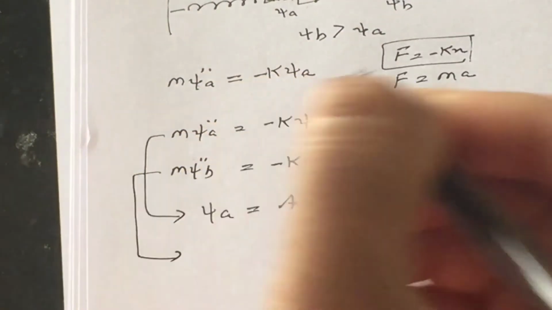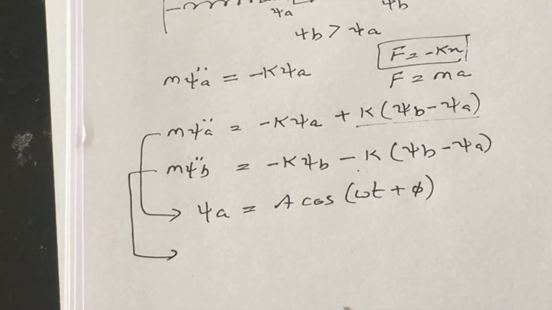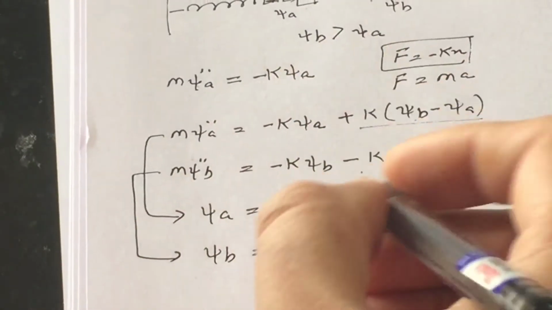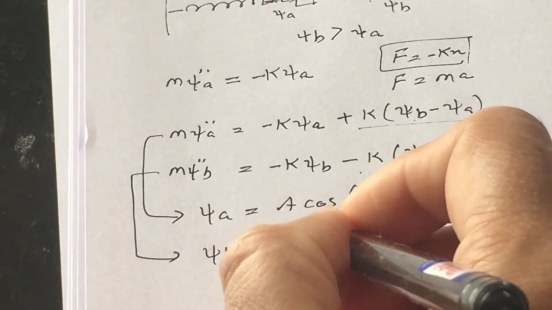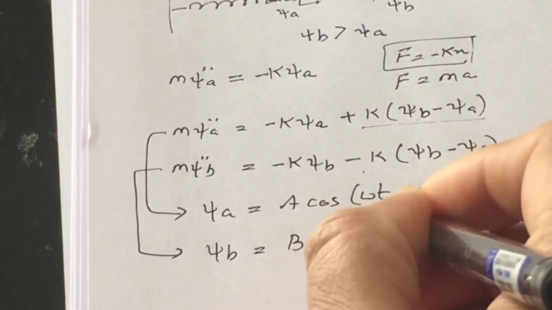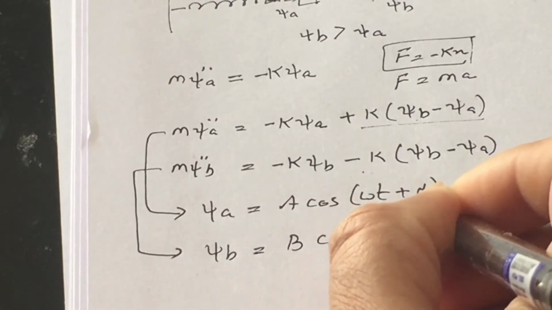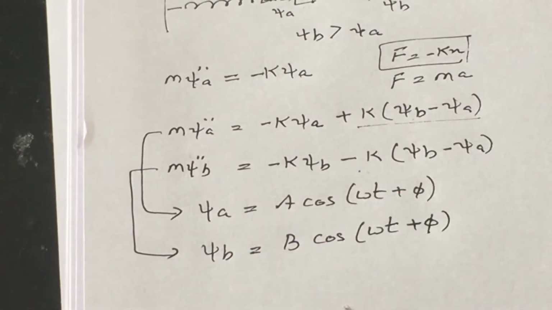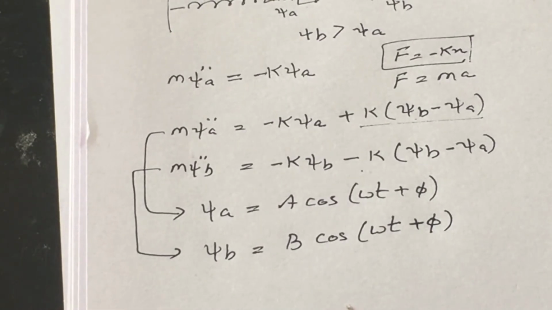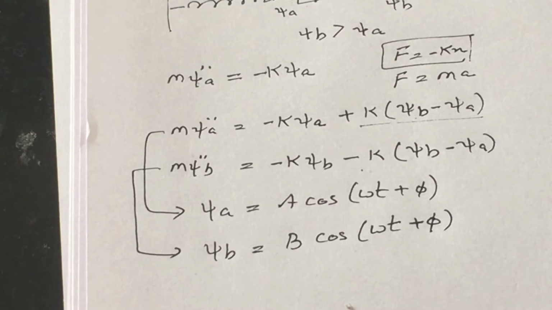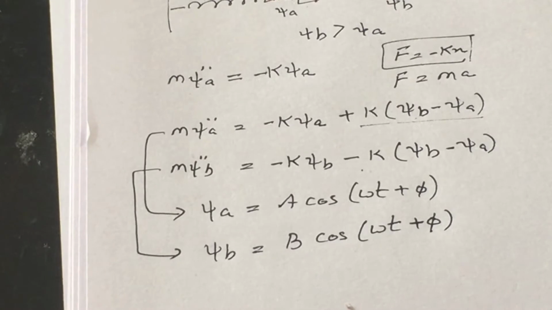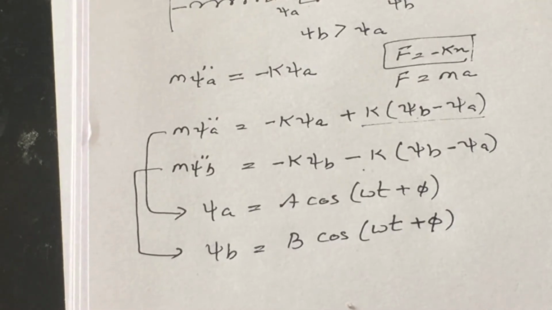Similarly, the solution for the below equation will be the displacement of the second mass, where b is the amplitude of the second oscillation, omega is the angular frequency and phi is the phase. At t is equal to 0, the motion doesn't start at the mean position, it starts at a displacement of phi. Now we have to find out the angular frequency omega.